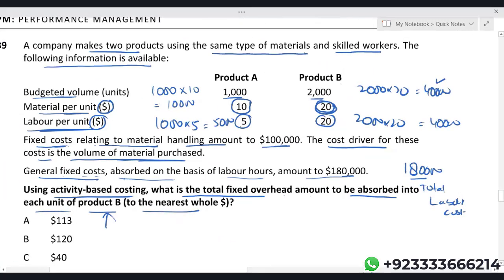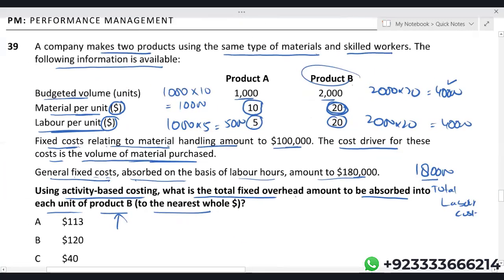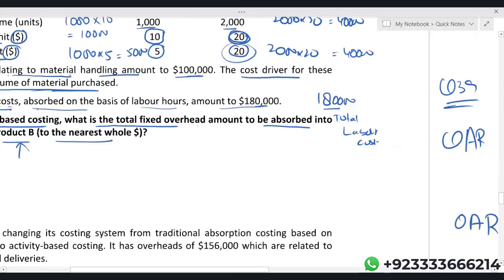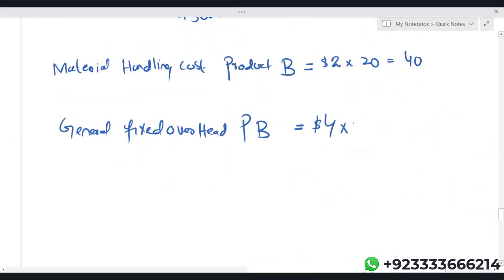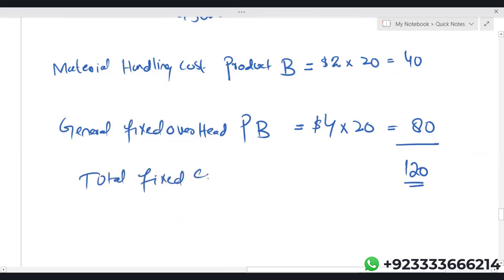In 1 unit of product B, the labor cost is $20. So 4 into 20, I'm getting 80. So it means the total fixed cost per unit of product B is 120.